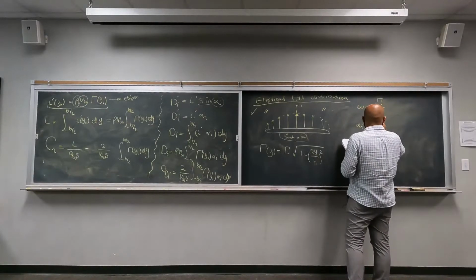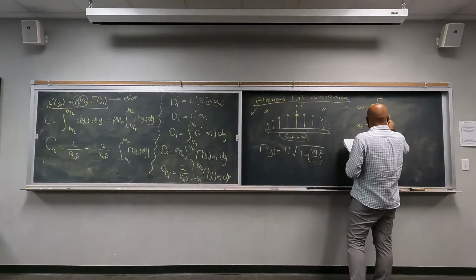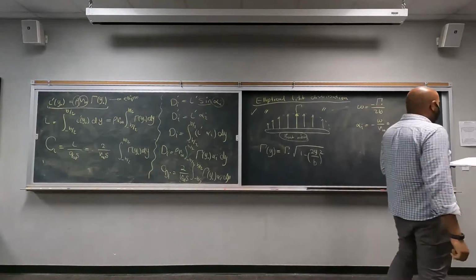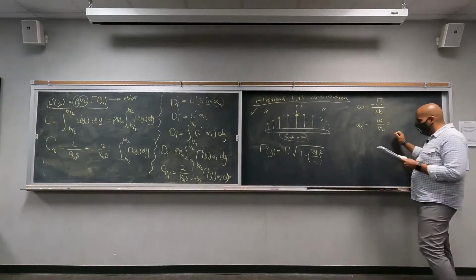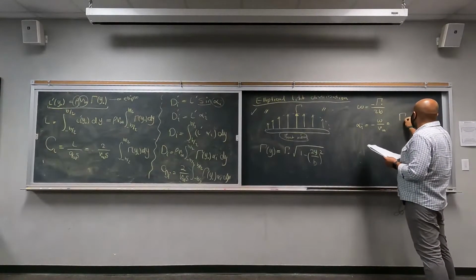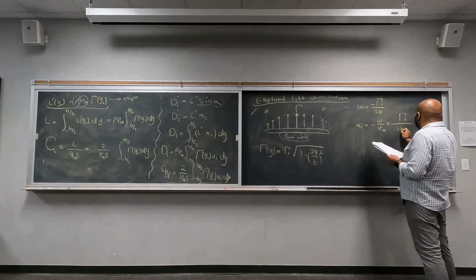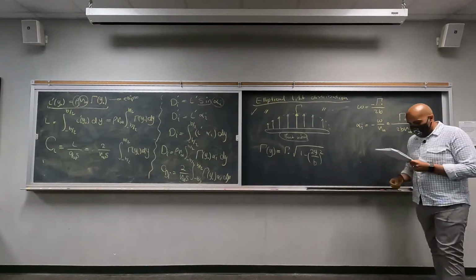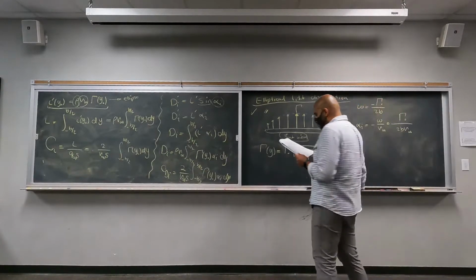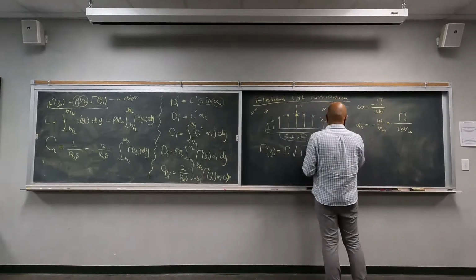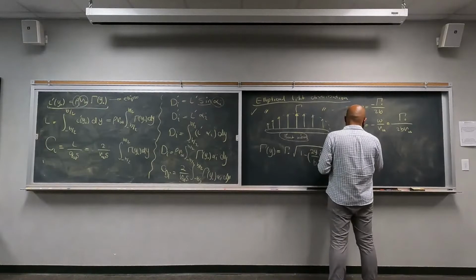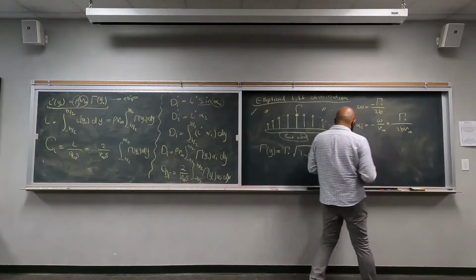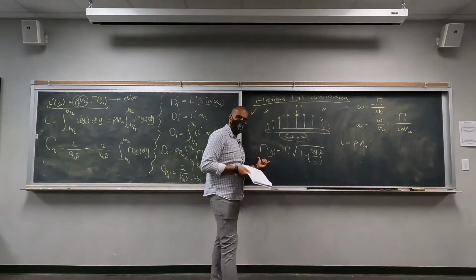We can just use the definition of induced angle of attack, which was the induced velocity divided by v infinity, right? You plug that in, you're going to get gamma naught divided by 2 b v infinity. And your lift is going to be equal to rho v infinity times the integral of your circulation, right?